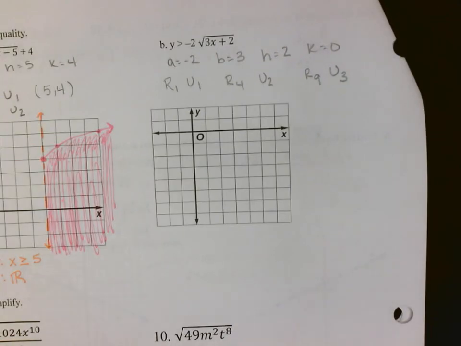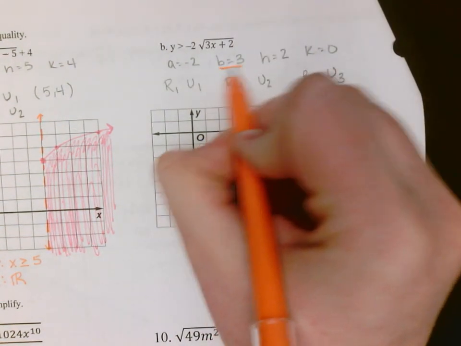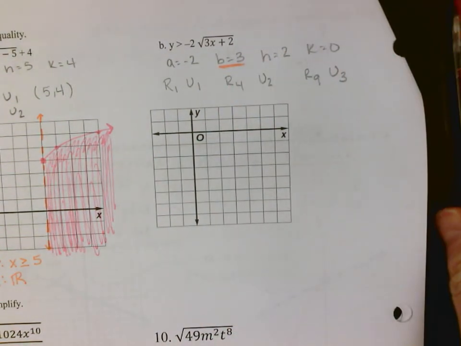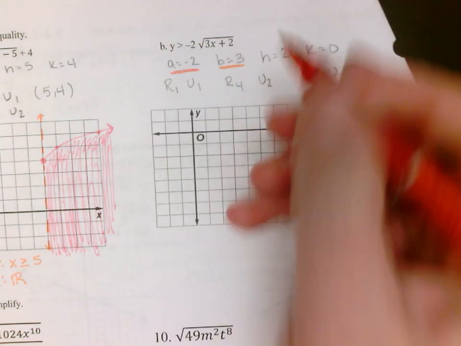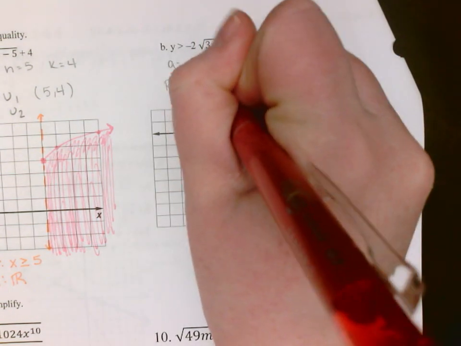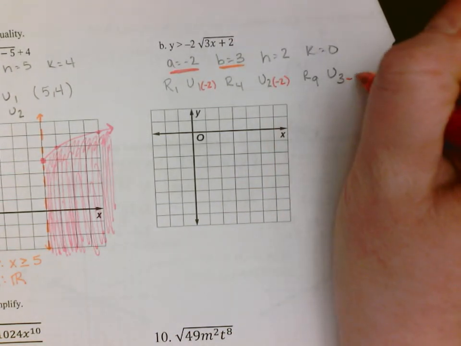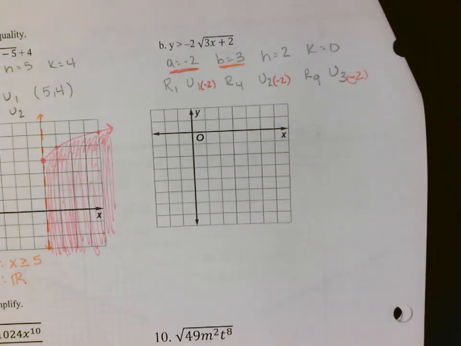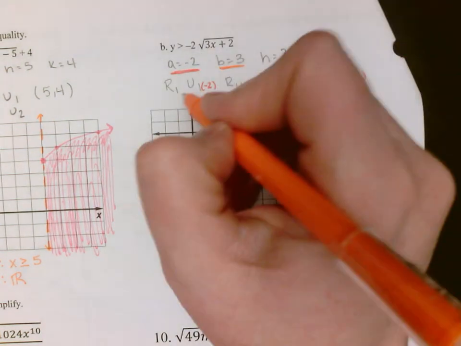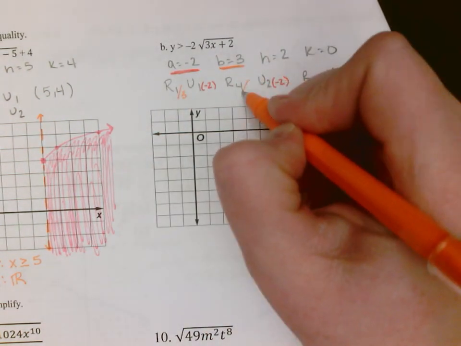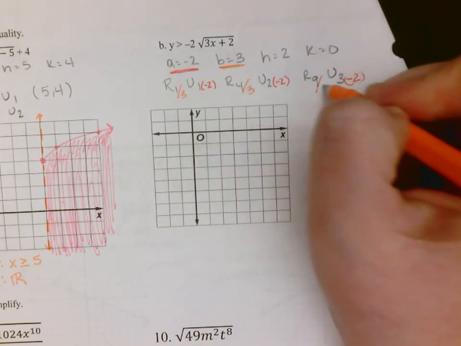So what I'm going to do, I should not have used orange, but that's okay. We're going to use orange, and we're going to use red. So this is going to be times -2 on each of my ups. Okay. And I'm going to divide by 3 on my rights, because B, you divide.